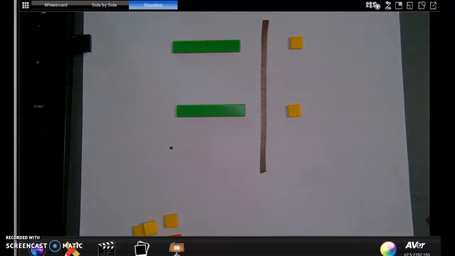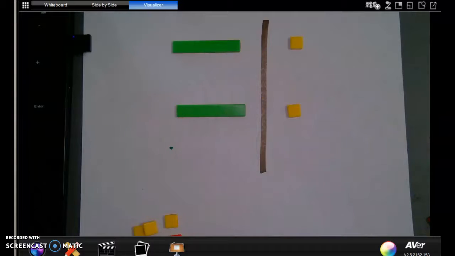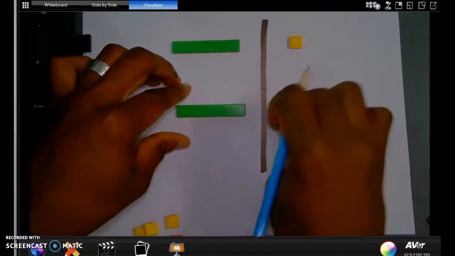I am going to solve for negative 4x plus 2 is equal to 10. I'm going to put that right here. I need to clear my board.